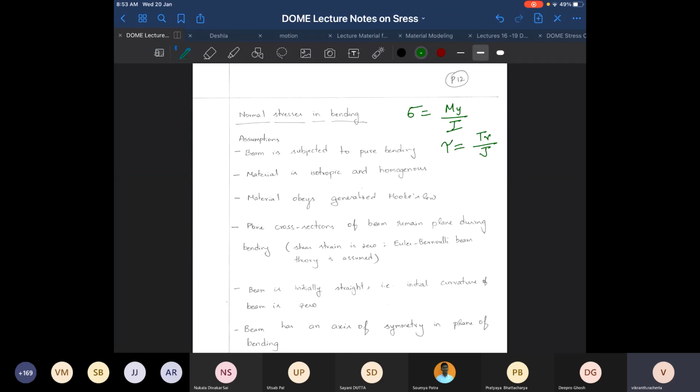Now, stresses that you determine using these relations are valid under some conditions, and what these relations give you are called nominal bending and torsional shear stresses. The important word to note here is nominal.